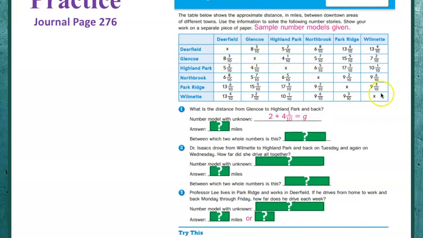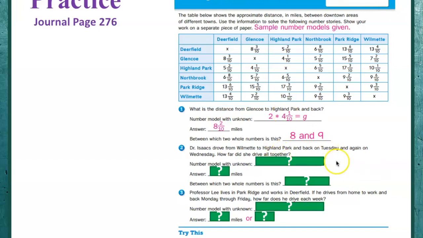They chose to do the multiplication, which might be something that you choose. The correct answer that you would get would be 8 2/10 of a mile. Between which two whole numbers is this? Well, it's a little bit more than 8, but not quite 9. So it's between 8 and 9. Go ahead and try number 2, 3, and 4 and come back when you're ready.